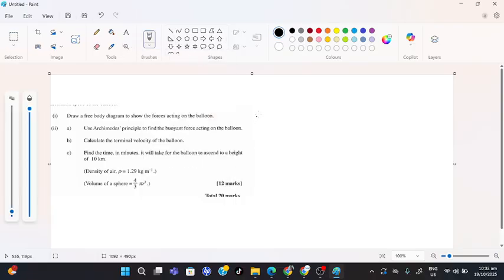So we can say upthrust is equal to density times gravity times area times height, which is volume. This is volume. So we know the density is right here.